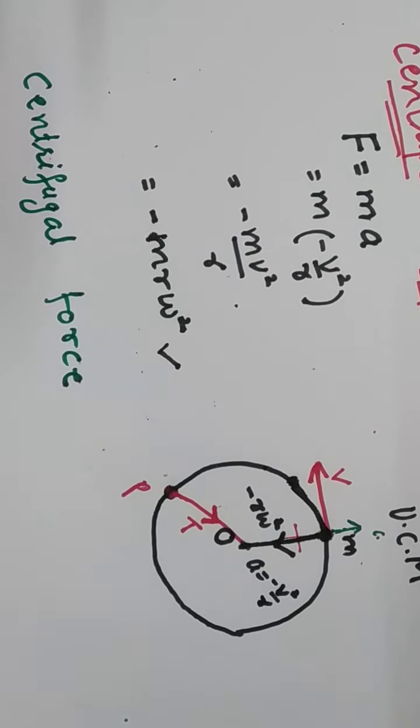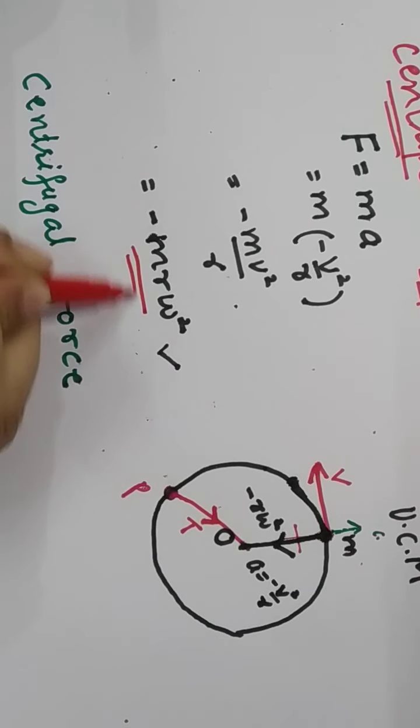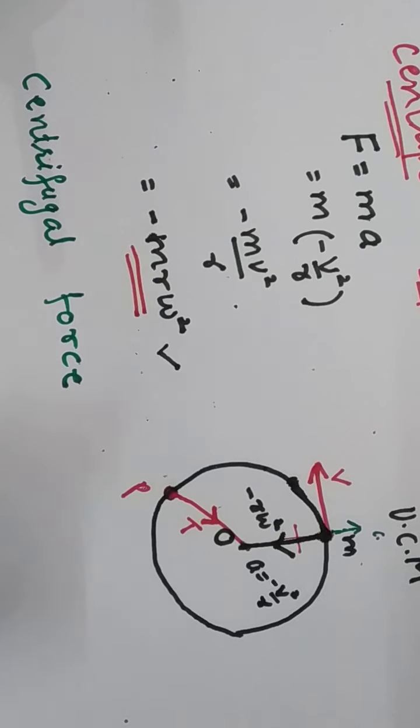Centrifugal force is nothing but the force which has the same magnitude as the centripetal force but is directed opposite to the centripetal force. So this centrifugal force is equal to minus mr omega square, which is nothing but plus mr omega square, or it is plus mv square upon r.